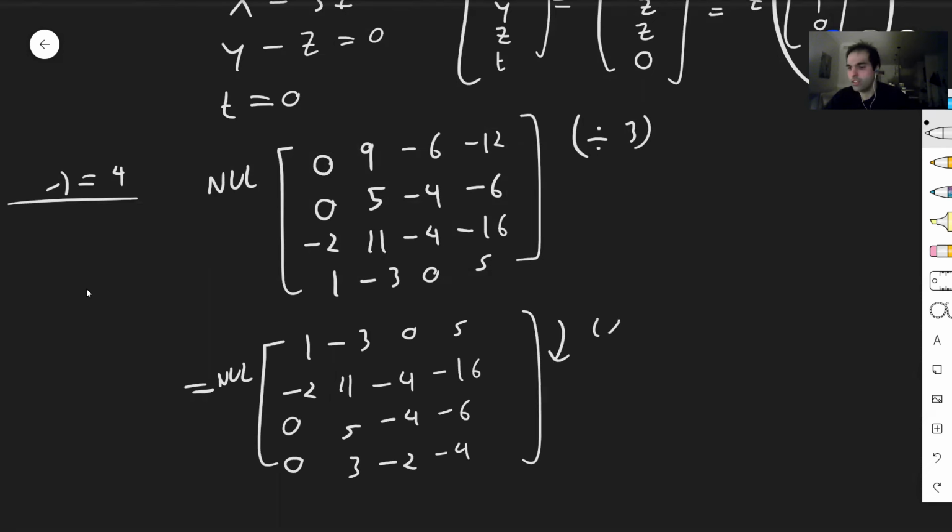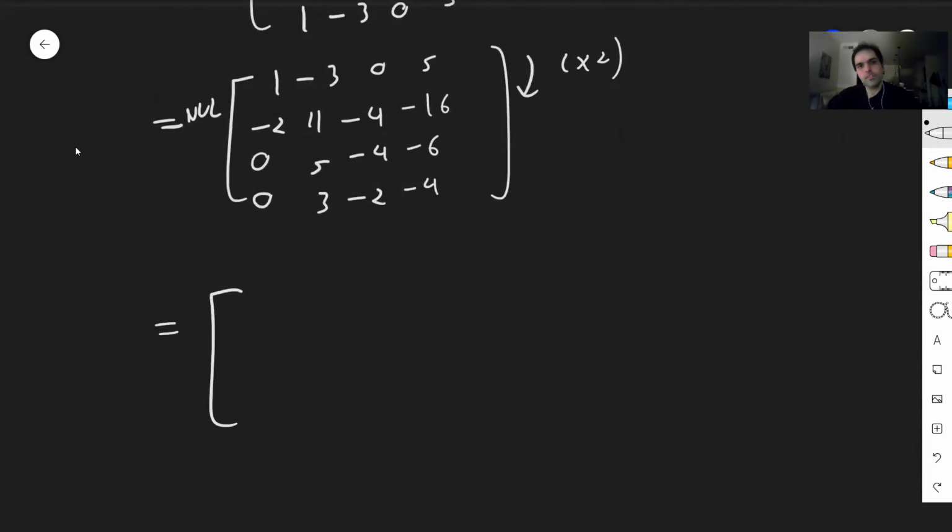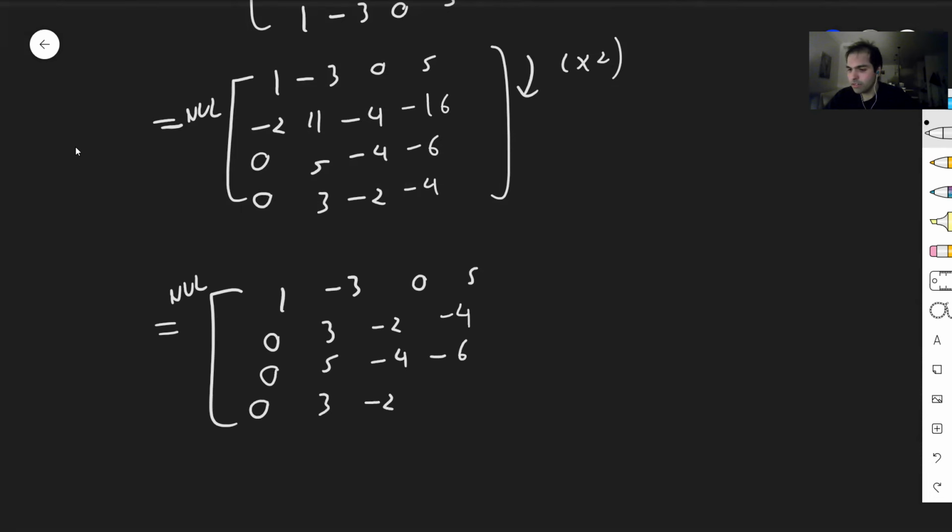And then this you can multiply by 2. And we get null space, again, of 1, minus 3, 0, 5, and then 0, 3, minus 2, minus 4, and then 0, 5, minus 4, minus 6. And then the nice thing is we can subtract the third row from the second row.